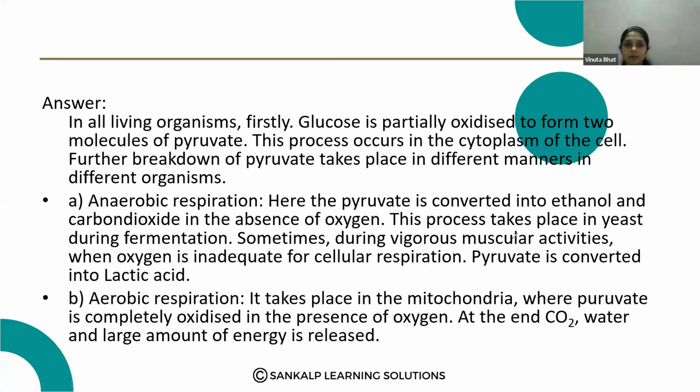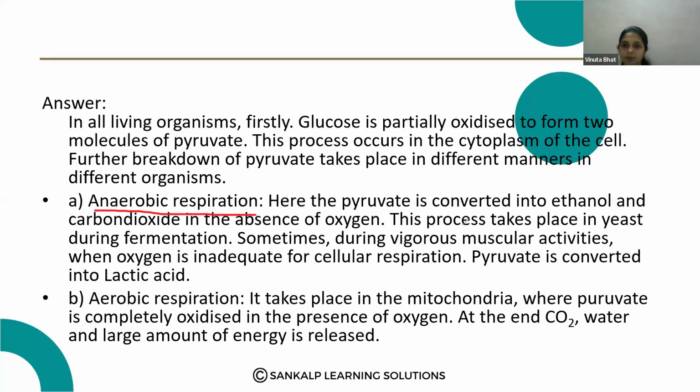In the first step, glucose is partially oxidized and forms two molecules of pyruvate. Very importantly, this takes place in the cytoplasm. Then the breakdown of this pyruvate follows different mechanisms.